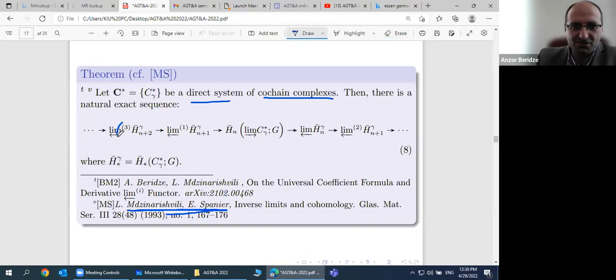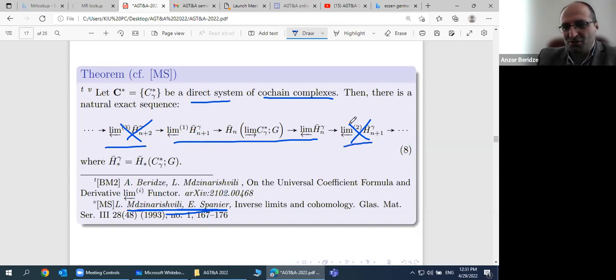If we write 0 here, and if we write 0 here, then this will be the Milnor short exact sequence. So in the case of compact topological spaces, this derived limit was 0 because the cohomology groups were finitely generated, and this gives this result.